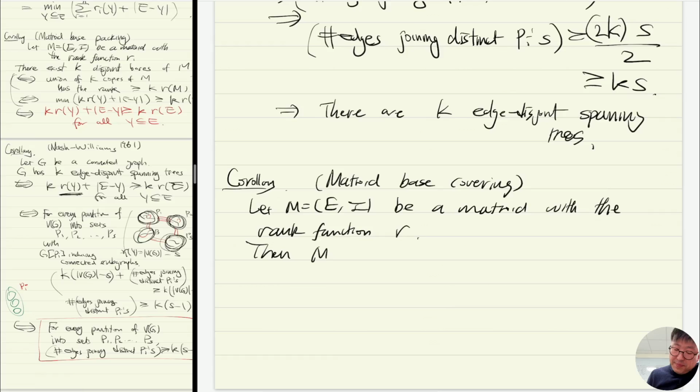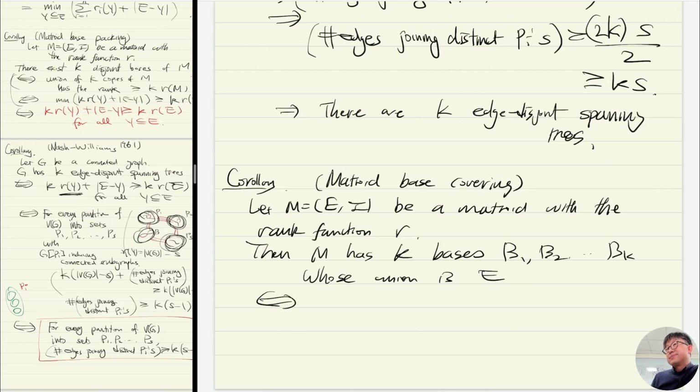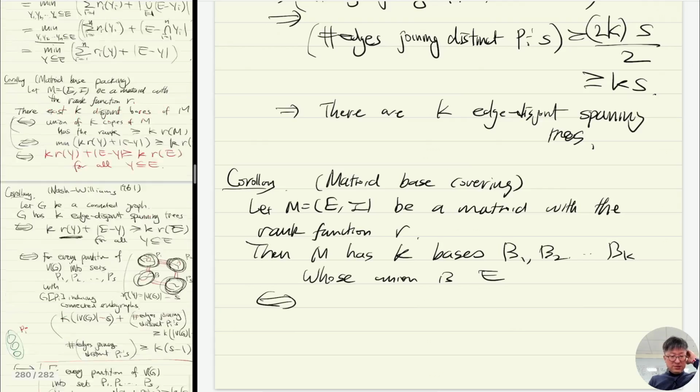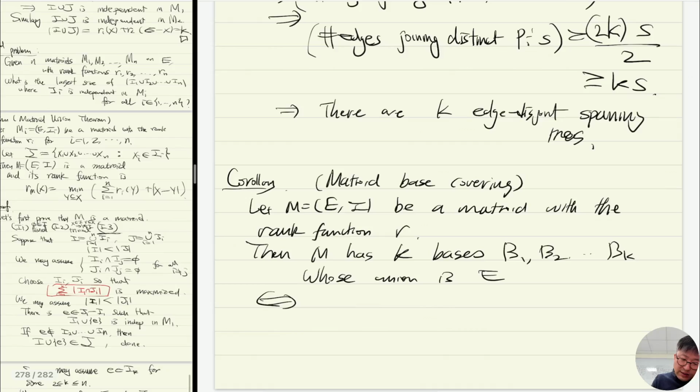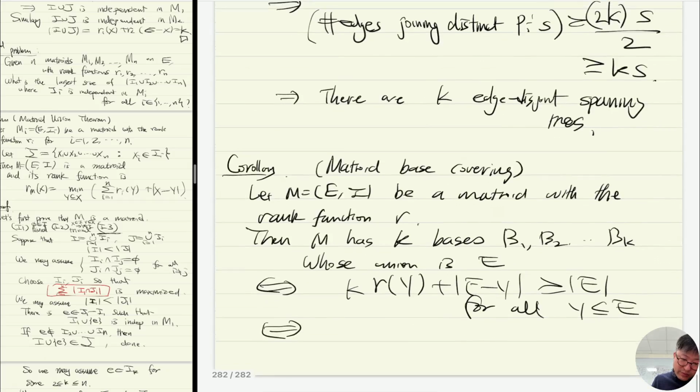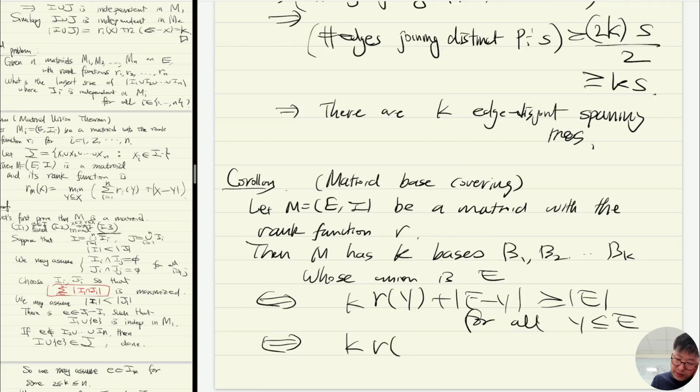Then M has k bases B1, B2, ..., Bk whose union is equal to E if and only if, now this should be trivial, k times r(Y) is at least |Y| for all Y, because we apply the matroid union theorem. So that's the statement.